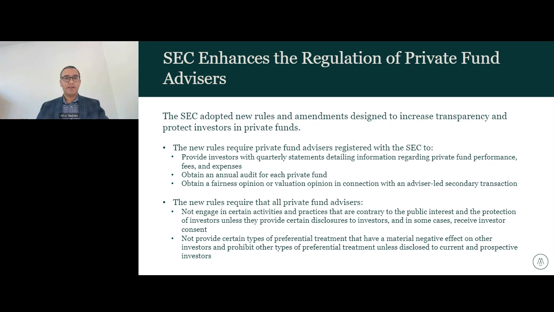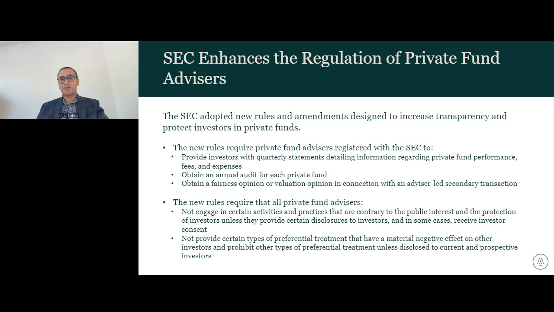The next rule is to obtain an annual audit for each private fund. That will be a requirement for SEC registered advisors that manage private funds to be audited annually. The effective date is 18 months also, similar to the quarterly statement requirements, for RIAs with 1.5 billion in assets under management. And then, obtain a fairness opinion or valuation opinion in connection with an advisor-led secondary transaction.